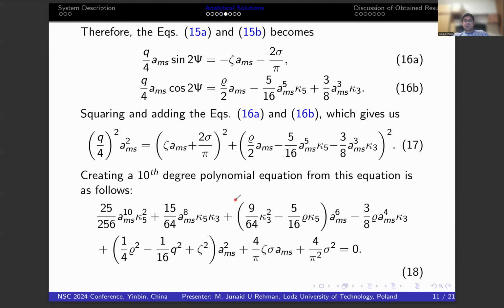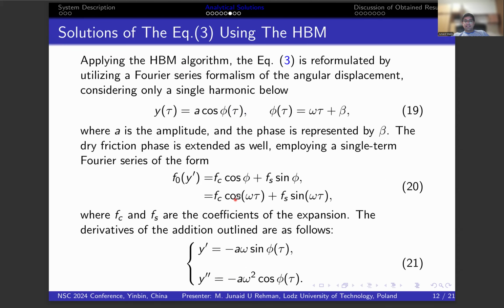Then scaling and adding 16a and 16b, we will get equation 17. After simplifying 17, we will get a 10th degree polynomial equation in terms of amplitude in equation 18. In the next slide, we have employed the harmonic balance method to analyze equation 3.